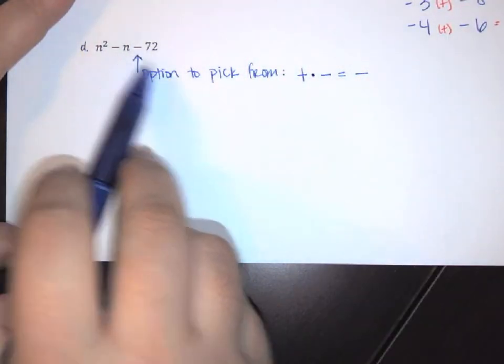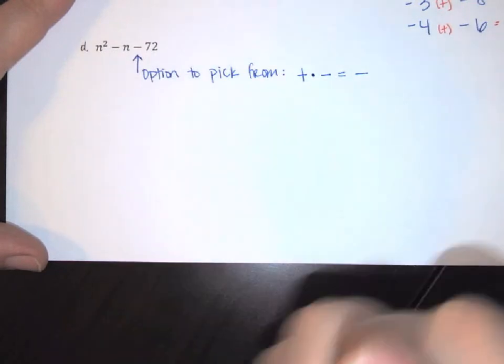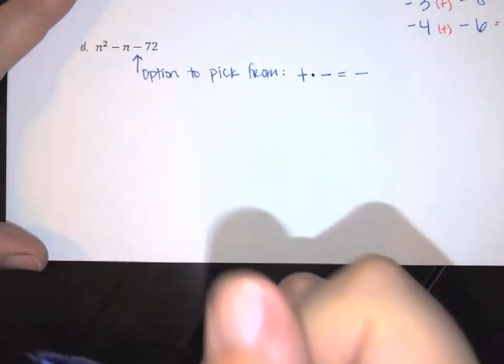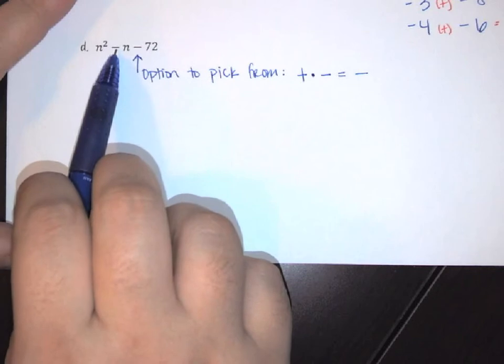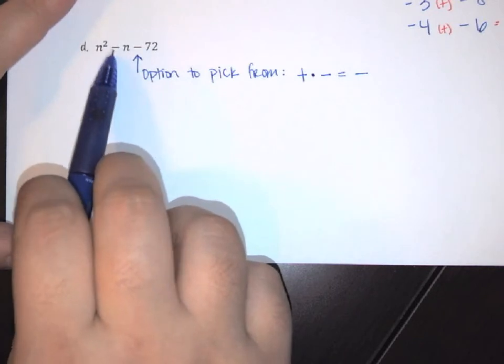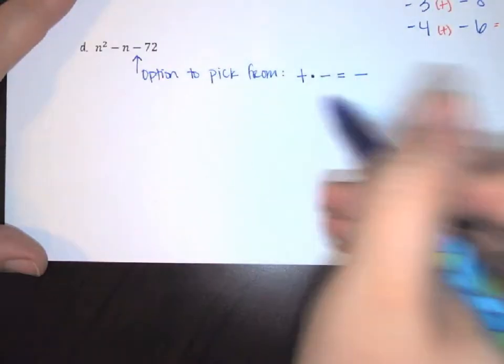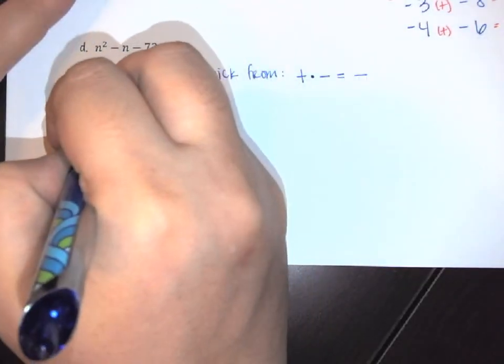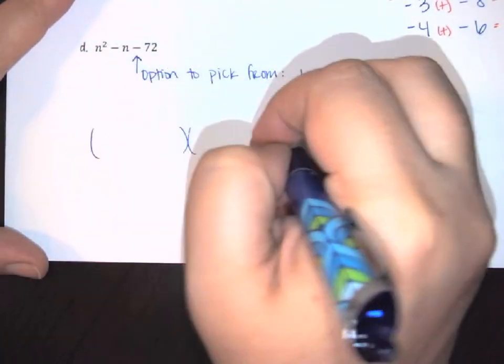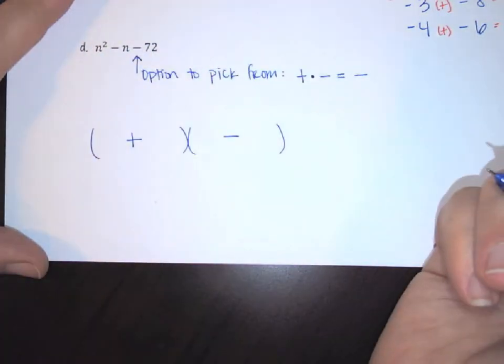Therefore, because I don't have a secondary case to choose from or a different option to pick from, it doesn't matter what the middle term is. The middle term will matter once we actually get into it. So because I only have the one option, it means automatically I know that my two binomials are going to have one positive and one negative.